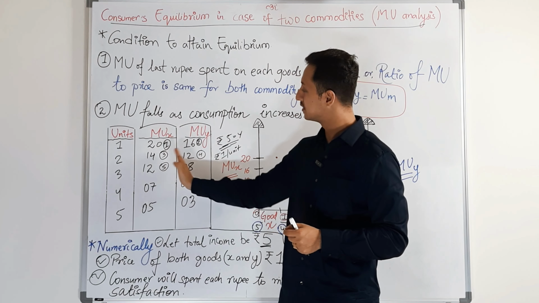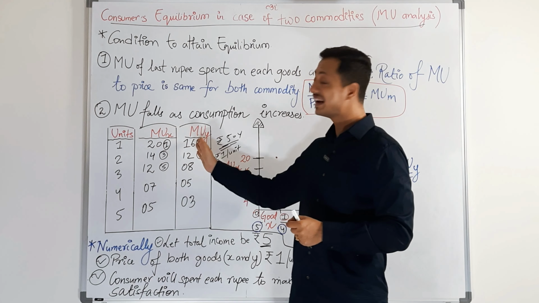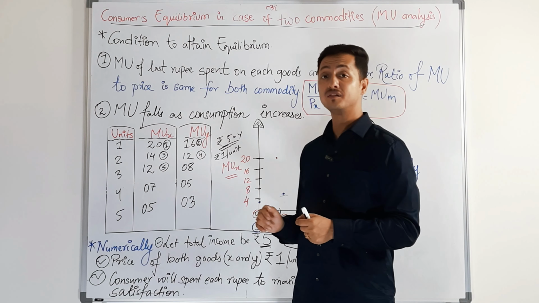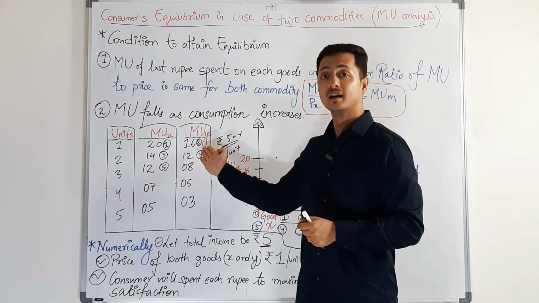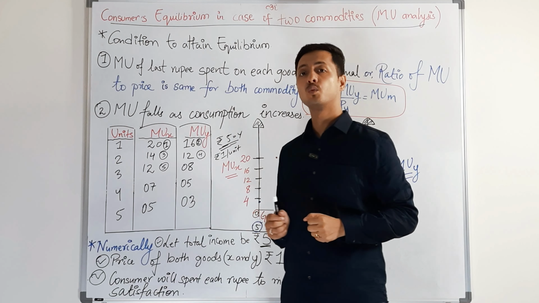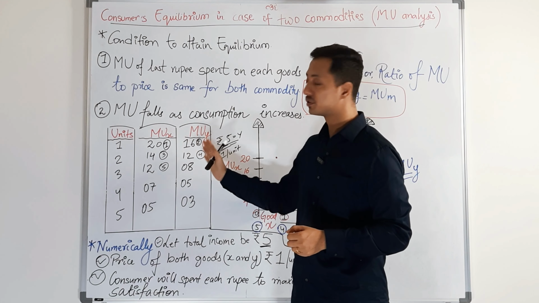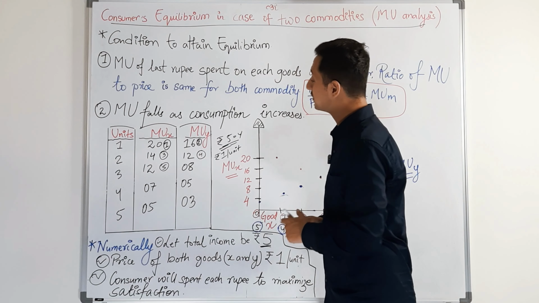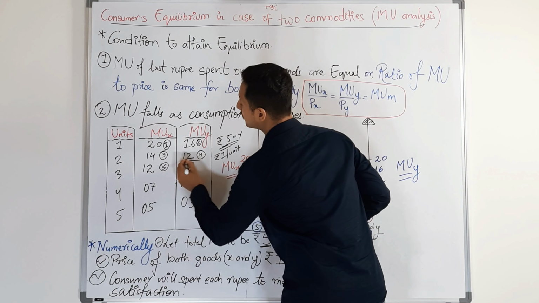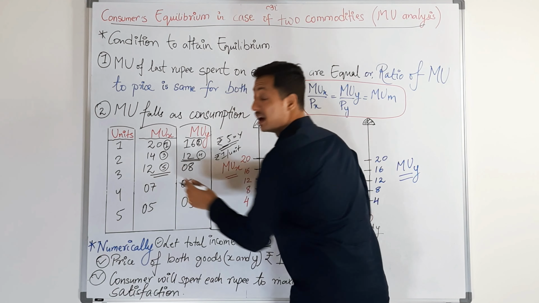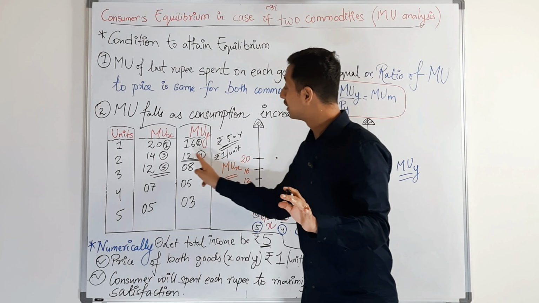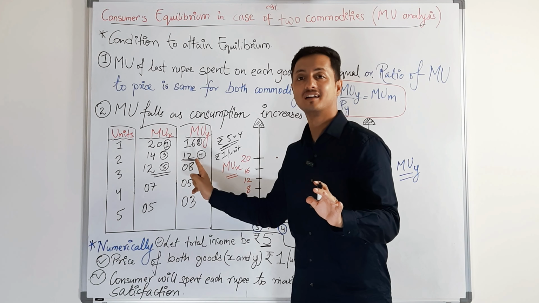There is nothing higher than this. Then the second highest utility that a consumer can derive is by spending on Y. So the second rupee is spent on Y. Likewise the third, fourth and fifth. And what you can see from here is that the marginal utility derived from the last rupee spent on each good is equal.